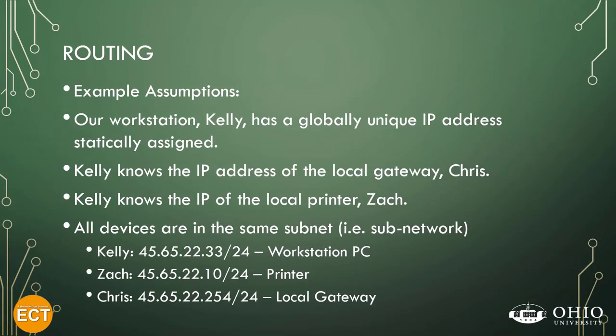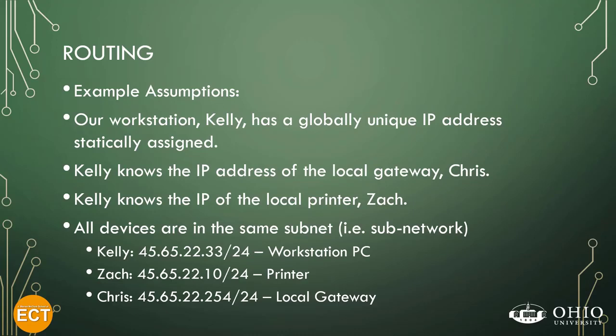All right, so we're going to lay out some assumptions so that when we look at the diagrams, everybody will have an idea of what we're talking about. Our workstation, Kelly, has a globally unique IP address that's been statically assigned. So the network administrator came and put an IP address on it. We also know the IP address of the local gateway, Chris.